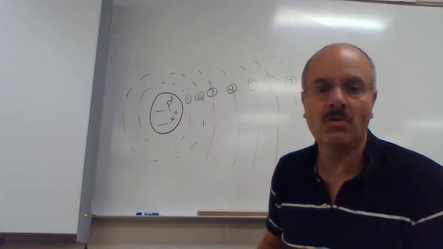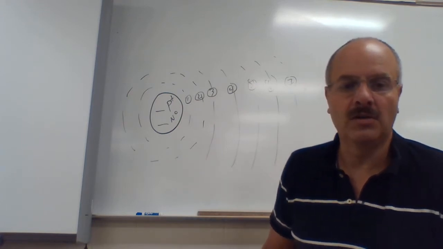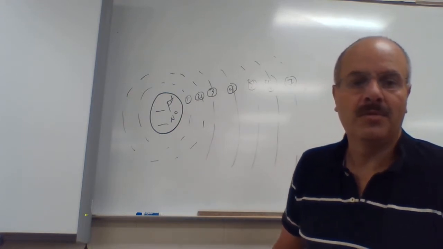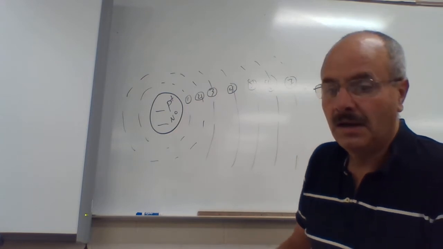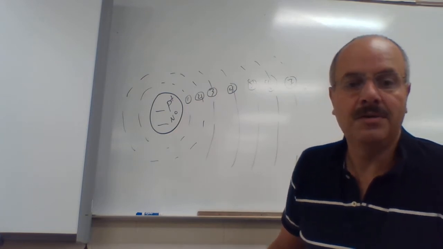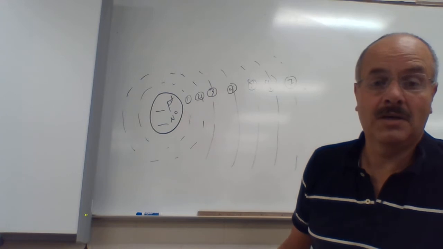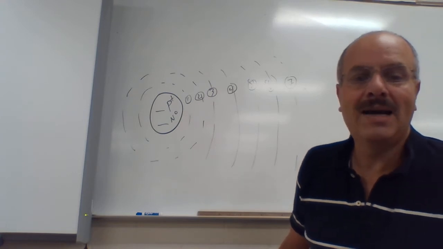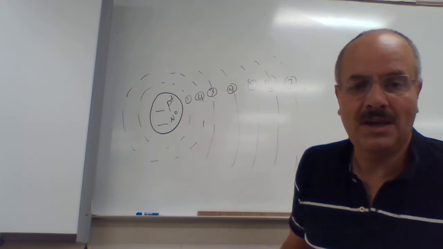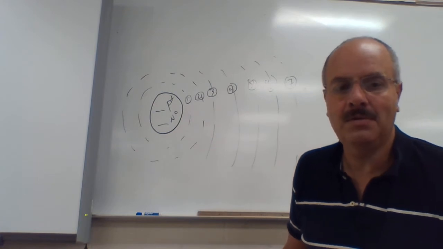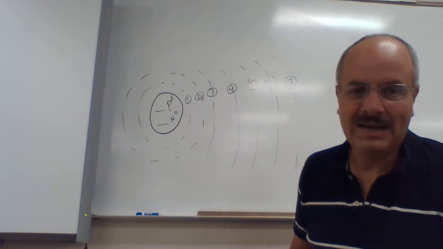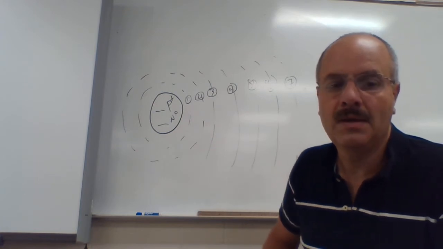There are only 7 rings, what we actually consider to be clouds, or energy levels, which is the new term we're going to talk about. If you ever go beyond 7, then you made a mistake, because none of the elements on the periodic table fill beyond the 7th ring.